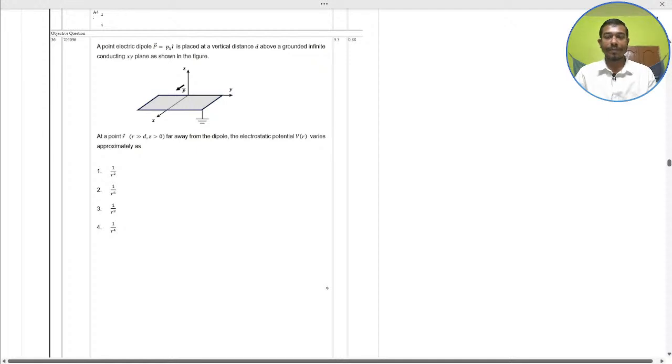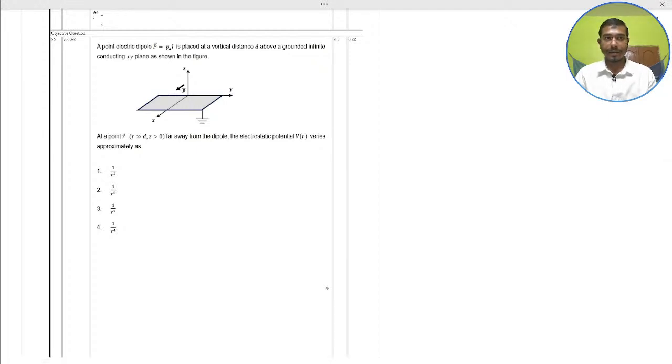a point electric dipole is placed at a vertical distance d above the ground infinite conducting xy plane as shown in the figure. The electrostatic potential varies as what? This is coming from the dipole moment, electromagnetic theory.